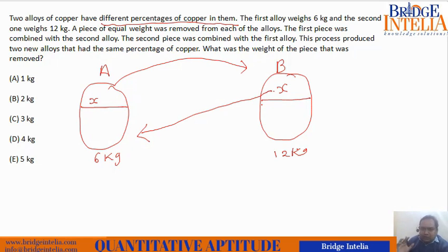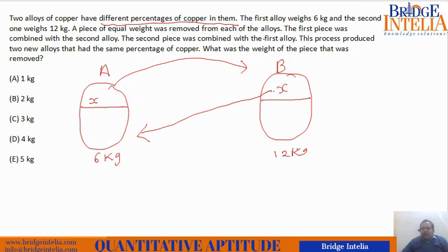It is not told. The first piece was combined with the second alloy and the second with the first one. The process produced 2 new alloys that had the same percentage of copper. That means after doing this crisscross, the percentage of copper changed and became equal in both these alloys.